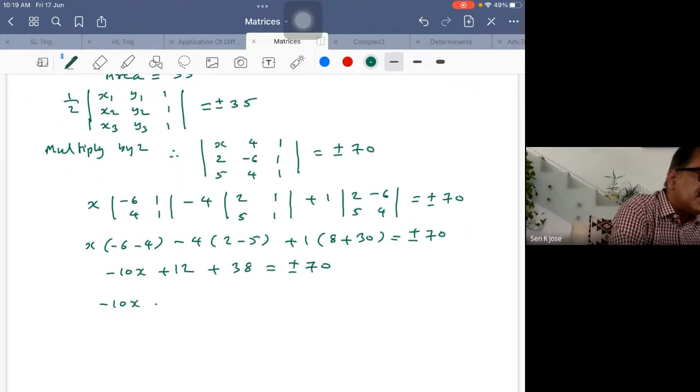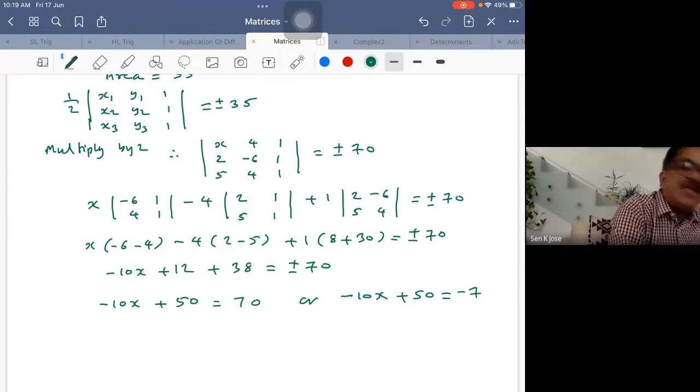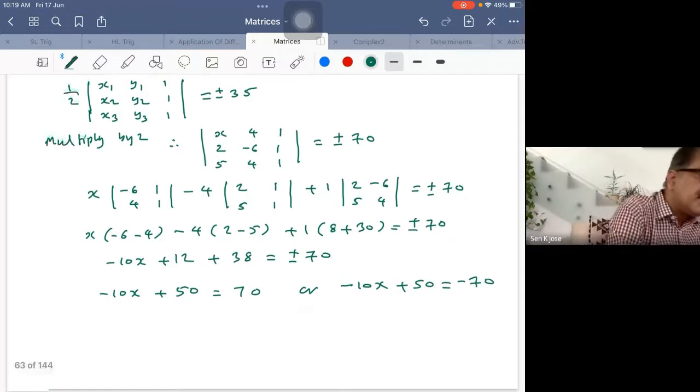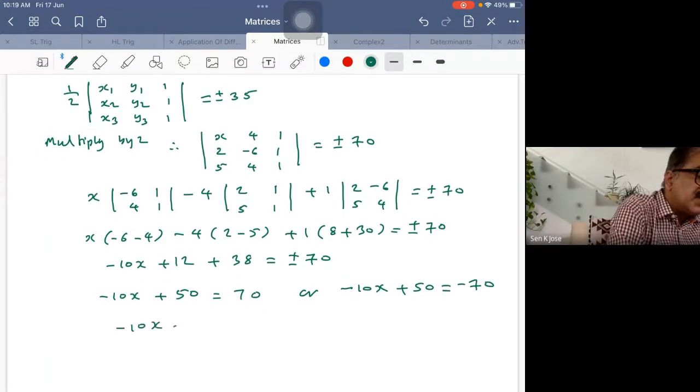Minus 10x plus 50 is equal to 70, or minus 10x plus 50 is equal to minus 70. Minus 10x is equal to 20, so x is equal to minus 2, or minus 10x is equal to minus 120, x is equal to 12.